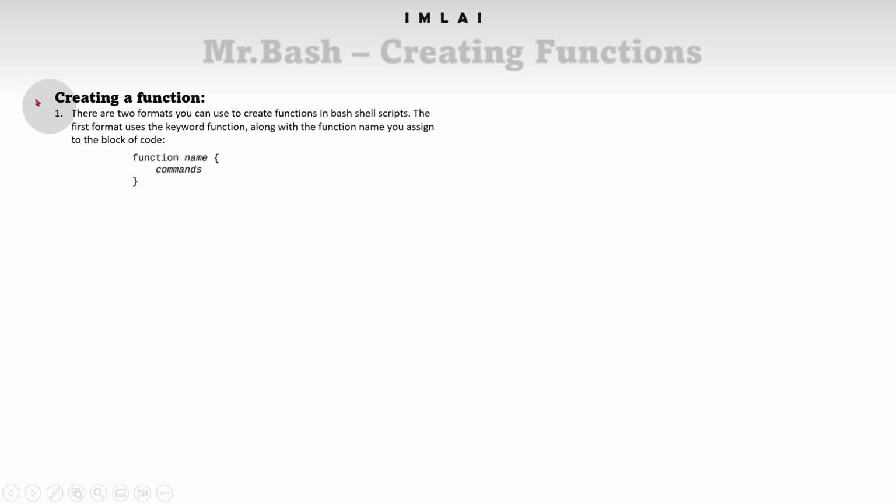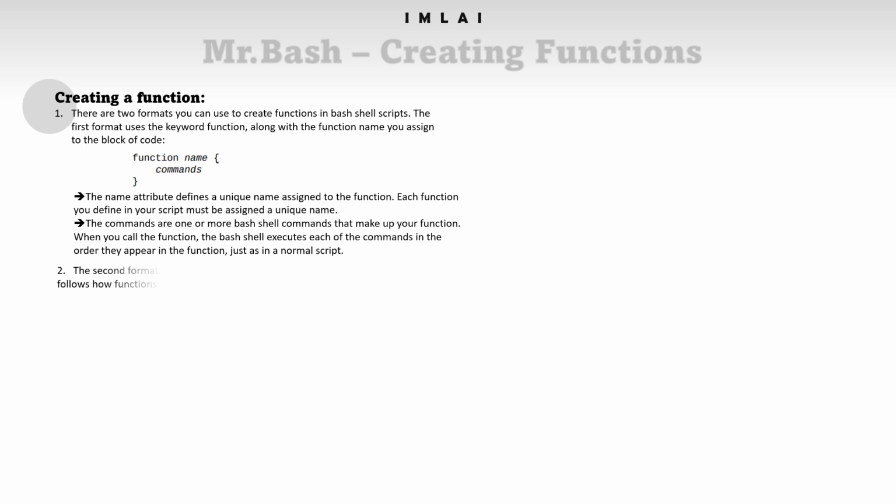Then you enter your commands inside the curly braces. The commands are one or more bash shell commands that make up your function. When you call the function, the bash shell executes each of the commands in the order they appear in the function, just as in a normal script.